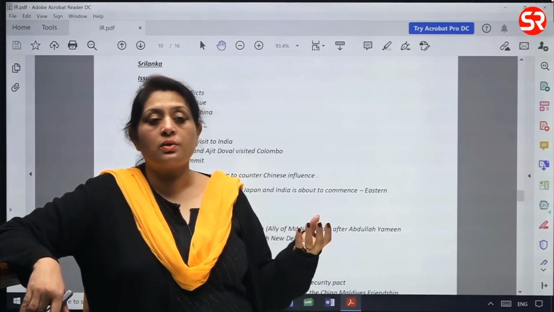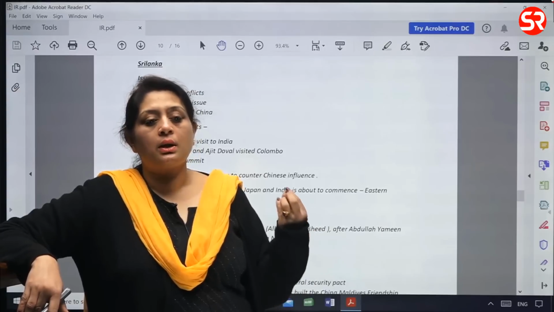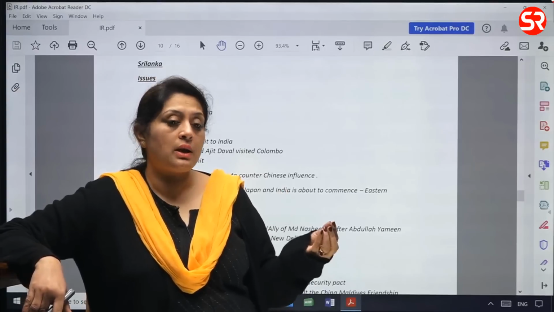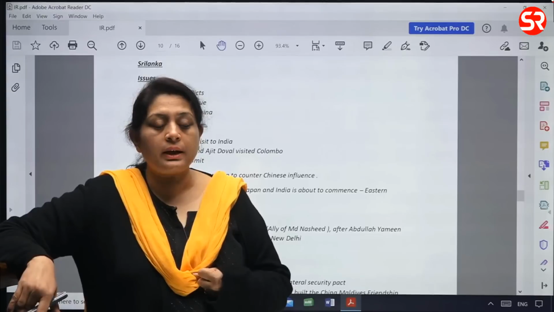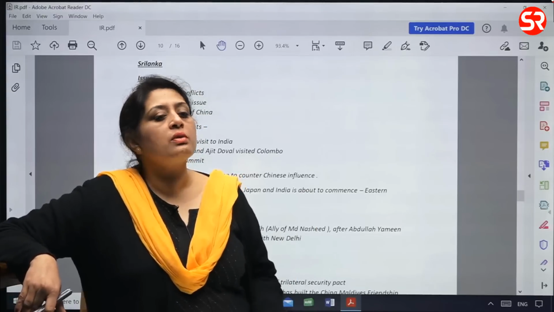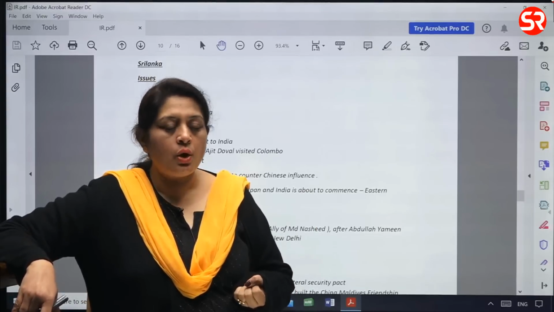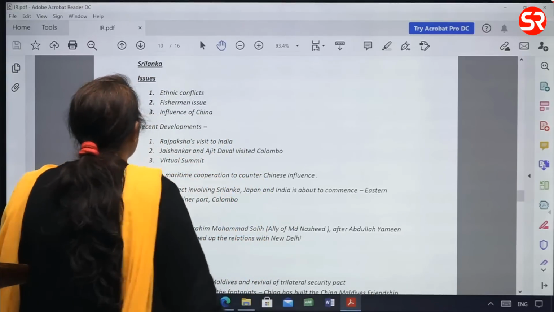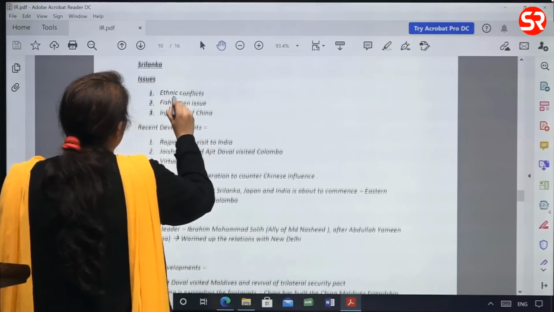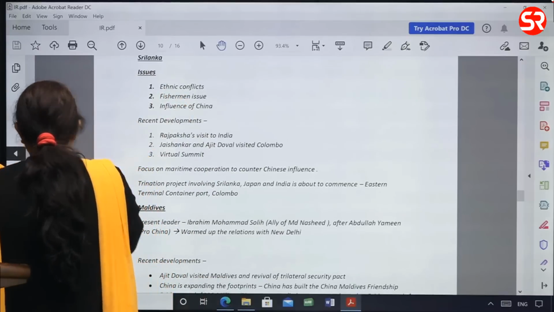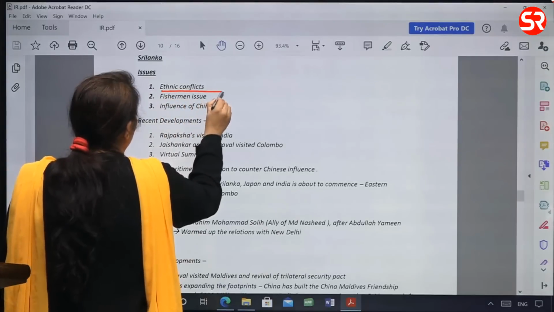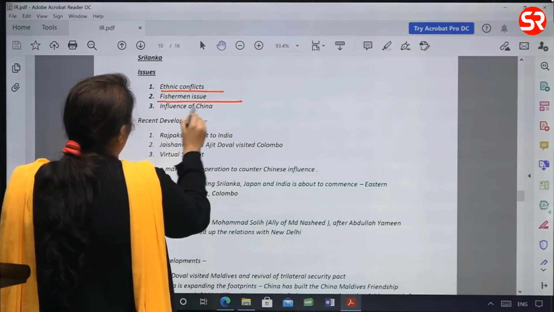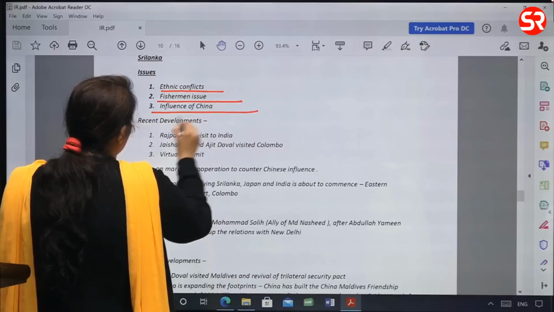Sri Lanka also has an important position in terms of India's vision of Indo-Pacific. Some troublesome issues remain, such as the fishermen issue. So these are certain concerns. Issues: the ethnic conflicts in Sri Lanka, the fishermen issue, and the influence of China.